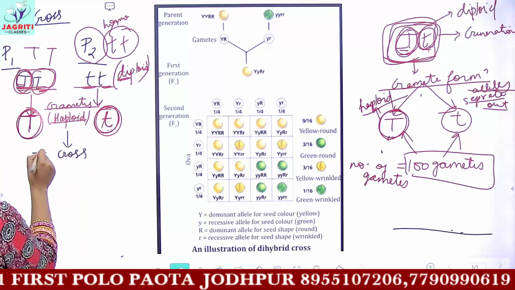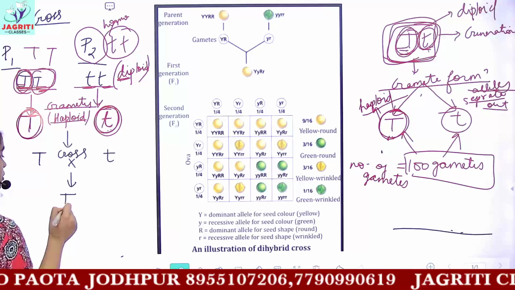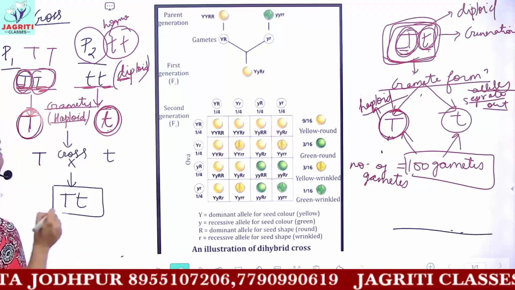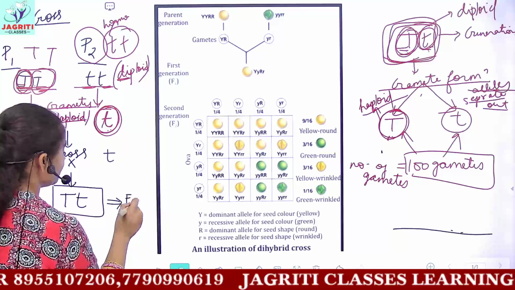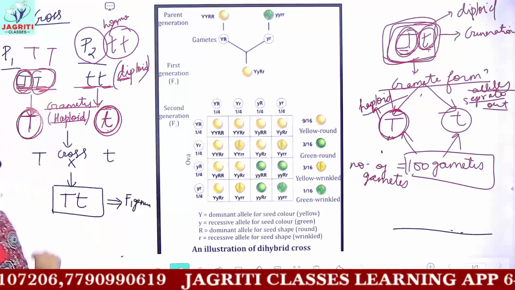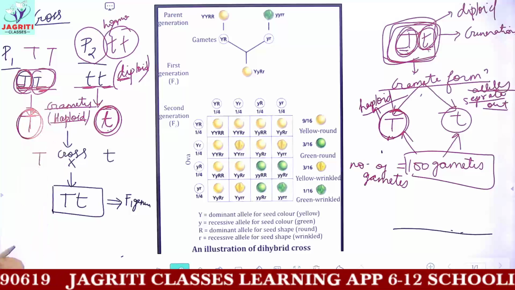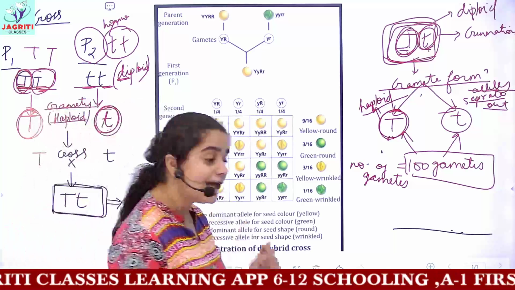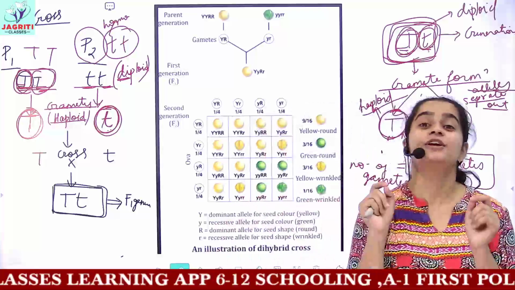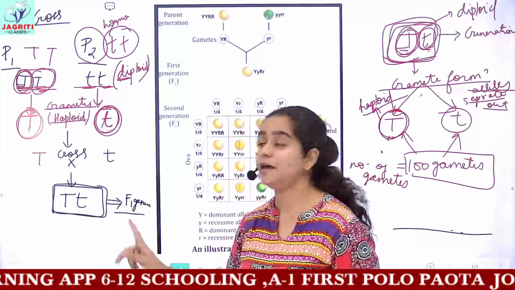So there would be a cross between capital T and small t, and after this cross you would get the genotype capital T small t, and this is called the F1 generation. So whenever you take the parents, form gametes and then cross these gametes, the generation which you obtain is called F1, that is the first filial generation. So this one would be the F1 generation.